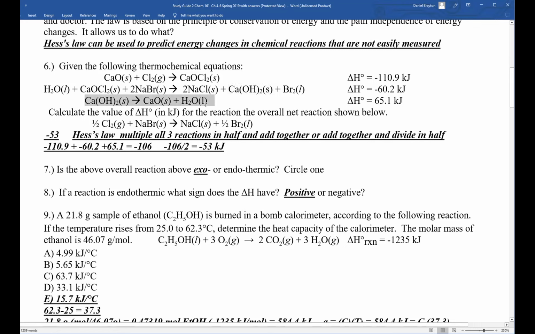And that would cancel the water and also obviously the calcium oxide here. So this one looked a touch tricky at first, but once you find those chlorine and bromine in reactions 1 and 2 and see what manipulation you have to do, then it was kind of easy in just finding the right coefficient to multiply by reaction 3 to have everything cancel.